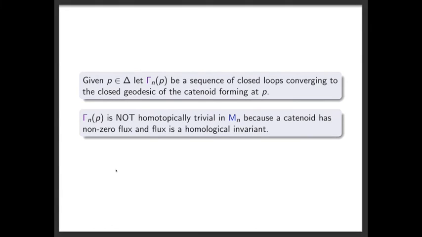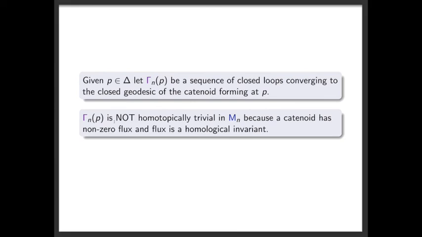Okay, so we've picked P, a blow-up point, and suppose that this is a blow-up point where the catenoid appears, so that there is a sequence of closed loops which converge to the closed geodesic of the catenoid forming at P. You can use a flux argument to prove that gamma n P actually cannot bound a disk.